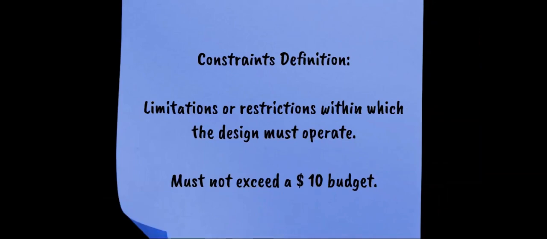Now, the definition of constraints is the limitations or restrictions within which the design must operate. One example, as I said, was that it must be dropped from shoulder height. Another one was that it must not exceed a $10 budget, considering that we are working in the city school district.